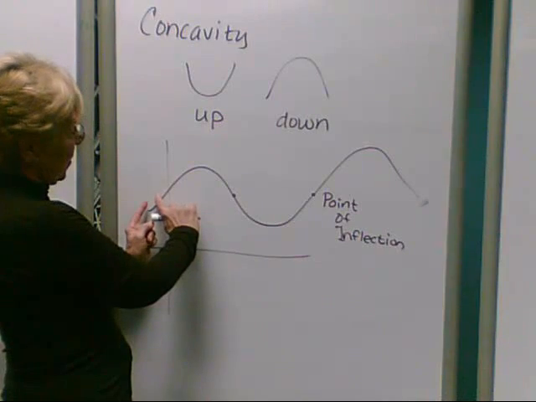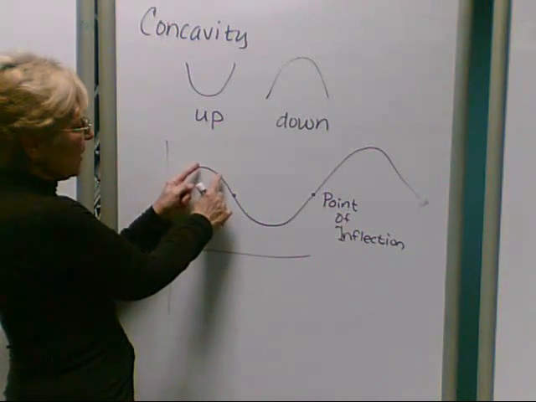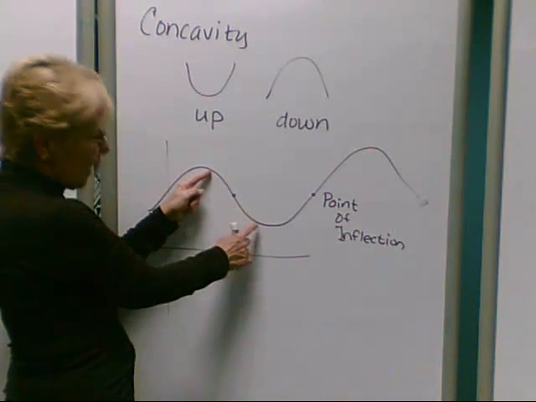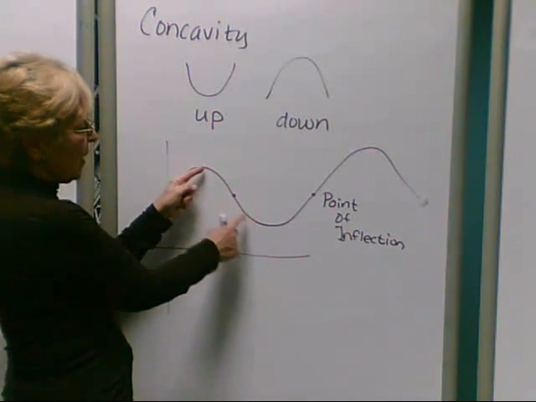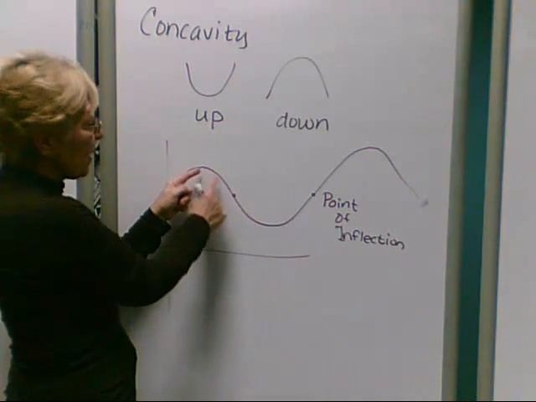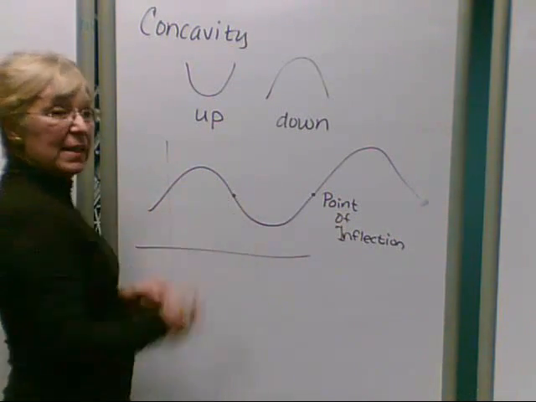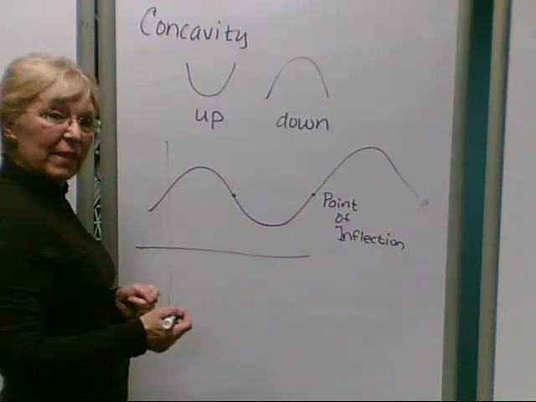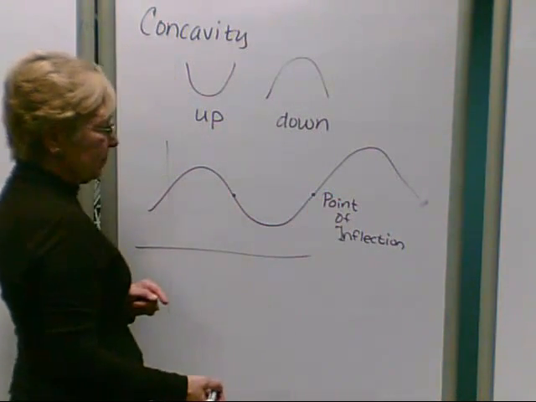It started off pretty steep, but then it leveled off, got to zero, and now it's negative, or we could say decreasing even more because of the minus sign in front. Its slope is steep but in a negative direction. Then it gets to that point of inflection and concavity changes. It's now concave up on this interval.